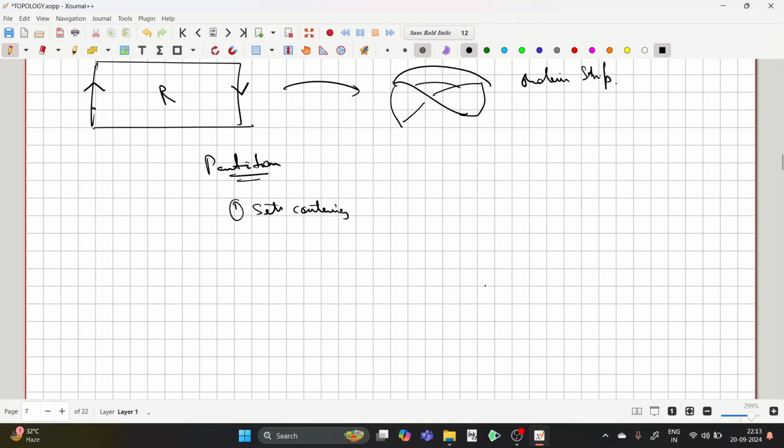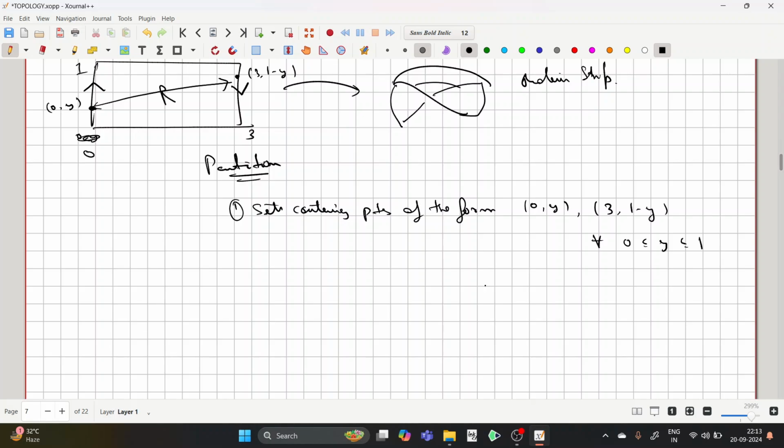So we are identifying each point here. Suppose this is the line x = 0 and this is the line x = 3. A point here is (0, y), and I'm mapping this to (3, 1 − y). So the sets containing points of the form (0, y) and (3, 1 − y) for all 0 ≤ y ≤ 1, and singleton sets of all other points.